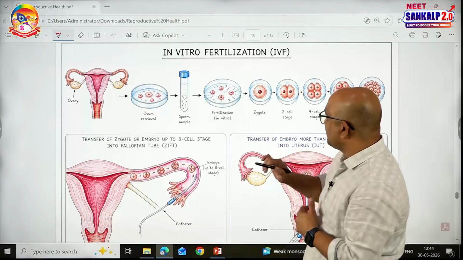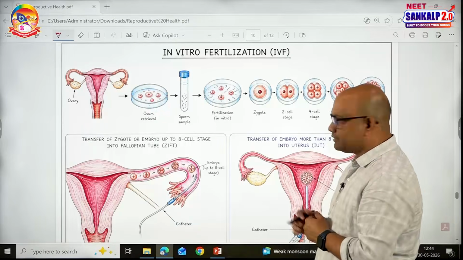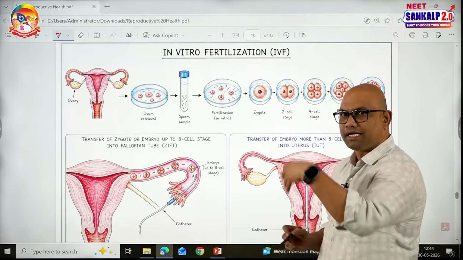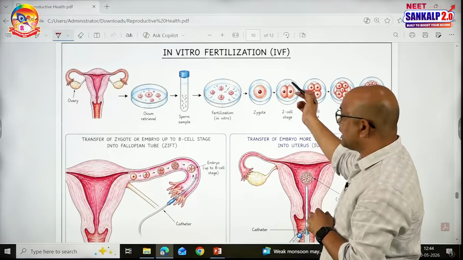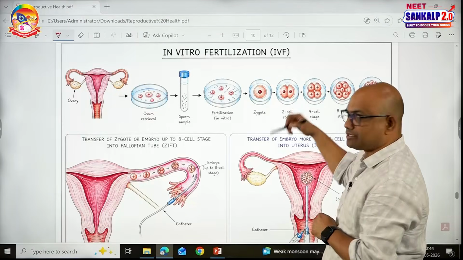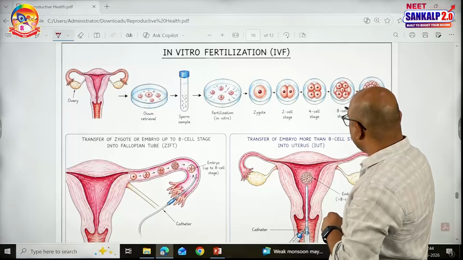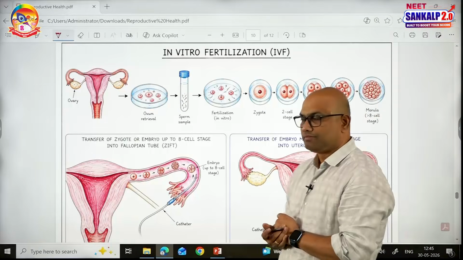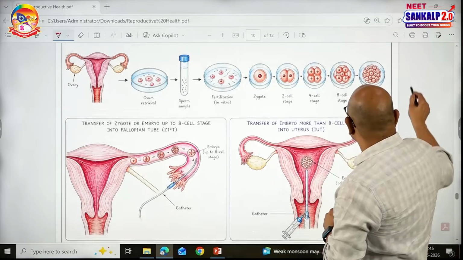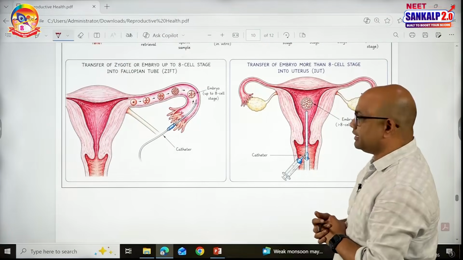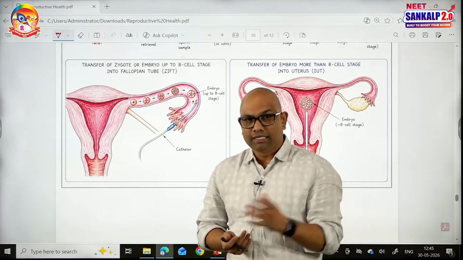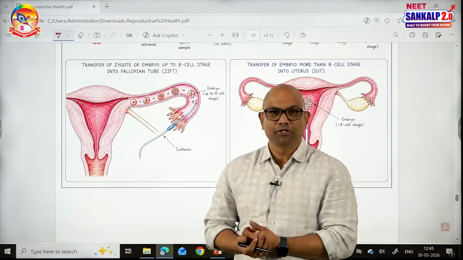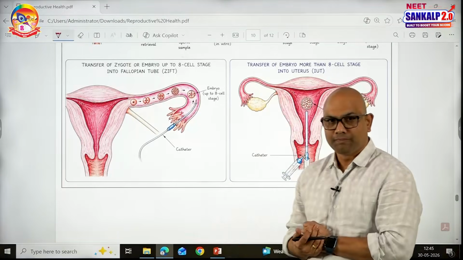So, after the fertilization, zygote is formed. Sometimes they may transfer this zygote to the female. Sometimes they will allow the zygote to divide into 2 blastomere stage, 4 blastomere stage, 8 blastomere and even more than 8 blastomeres. If they want to transfer zygote or early embryo, they should transfer them into the fallopian tube, because in natural conditions also till that 8-celled morula, it is formed in the fallopian tube and fertilization also occurs in the fallopian tube.